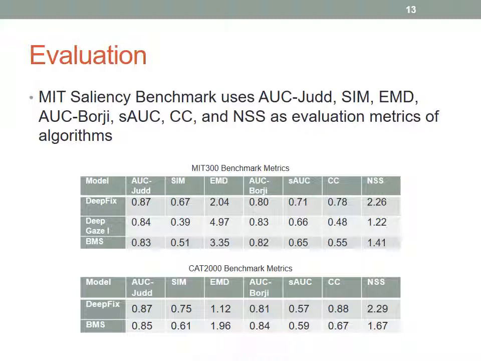The true positive is, given some threshold at fixation locations, what is the rate of the saliency map that is above that threshold at those locations? That's your true positive rate. And then your false positive rate varies for each of the different algorithms, and I go into further detail in my paper about those.